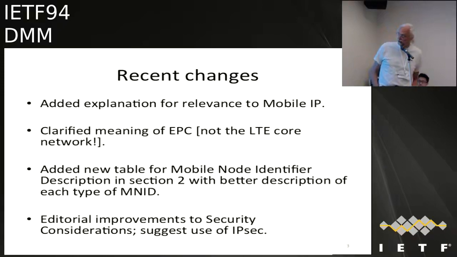So a little bit of language about that. Sri made the comment that there needs to be more description about the specific MNIDs that are listed in the draft, and there are quite many of them. As one step along that way, I made a new table with some text description about each one, and I think that it's pretty compact, more or less, and a good reference point within the draft.